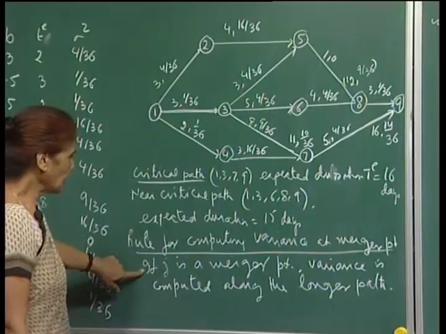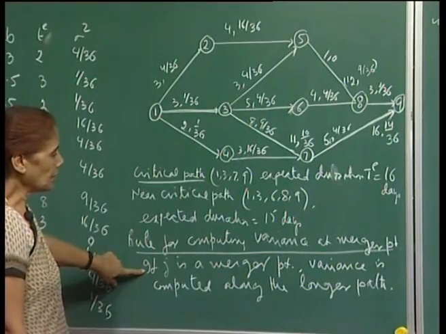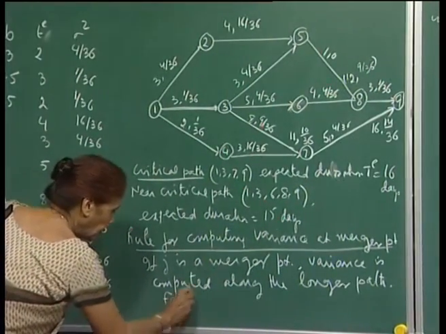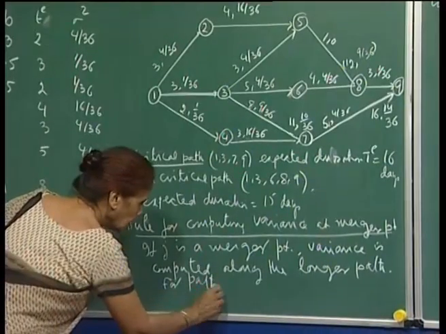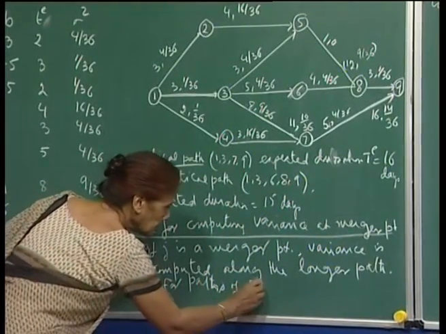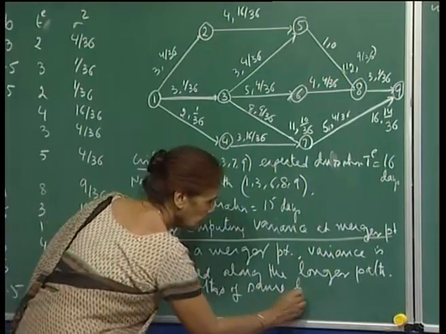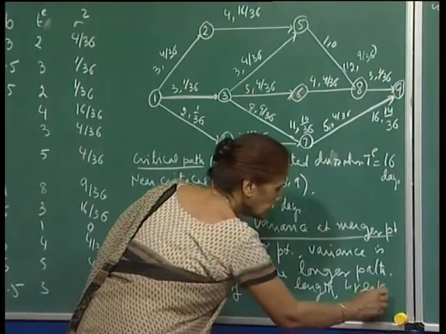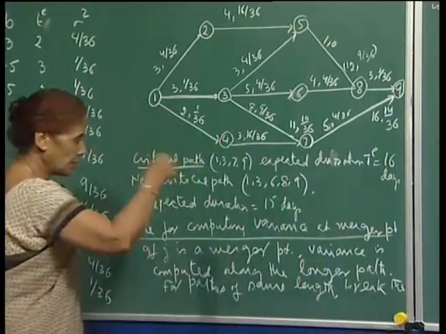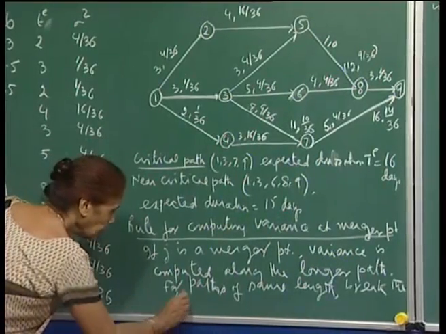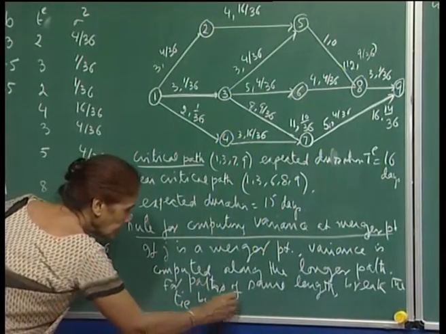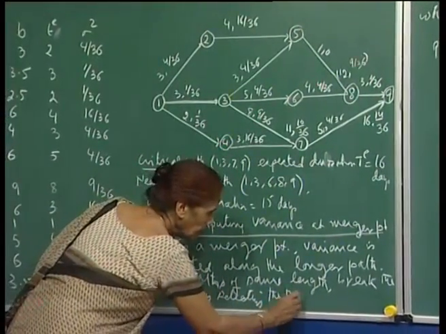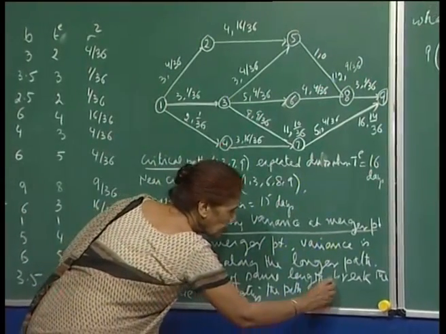Okay, so that is the rule, right. We are saying that if j is a merger point, the variance is computed along the longer path, and of course, for paths of the same length, break the tie by selecting the path with larger variance.